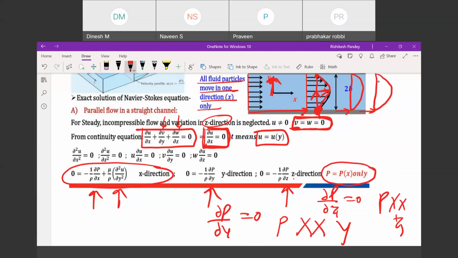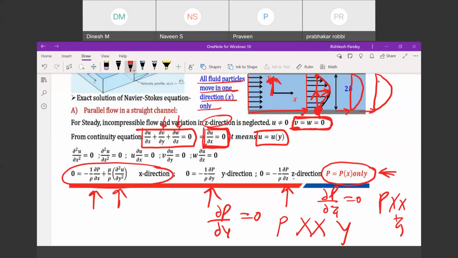So from the basic derivation, neglecting all these things and considering all these assumptions, we arrive at this conclusion: pressure varies in x only, for flow in a channel or flow between two parallel plates. You can note this point.